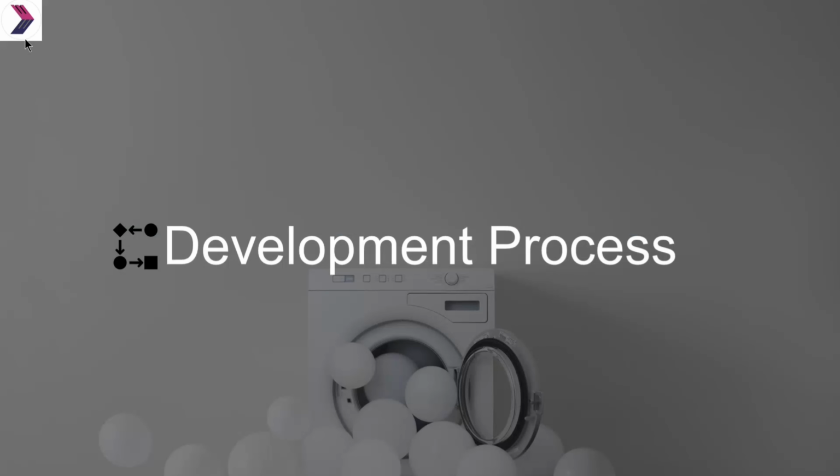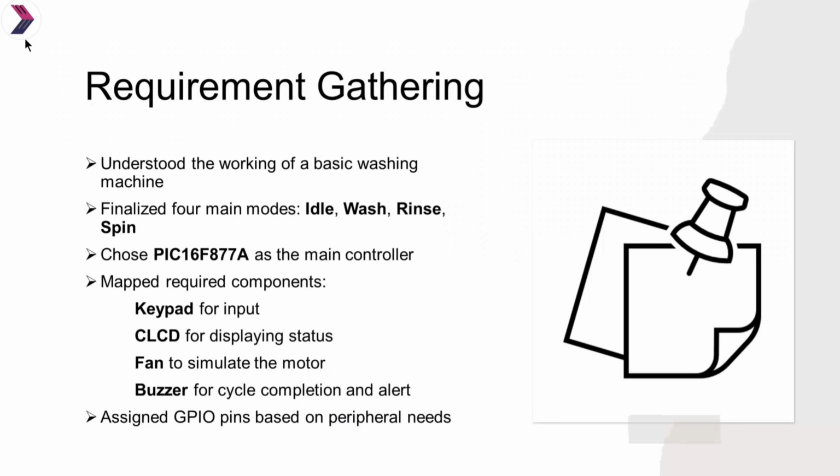Then next is the development process of the project. First is requirement gathering. We understood the working of a basic washing machine, how a washing machine works. Then we finalized the 4 main modes: idle, wash, rinse and spin.